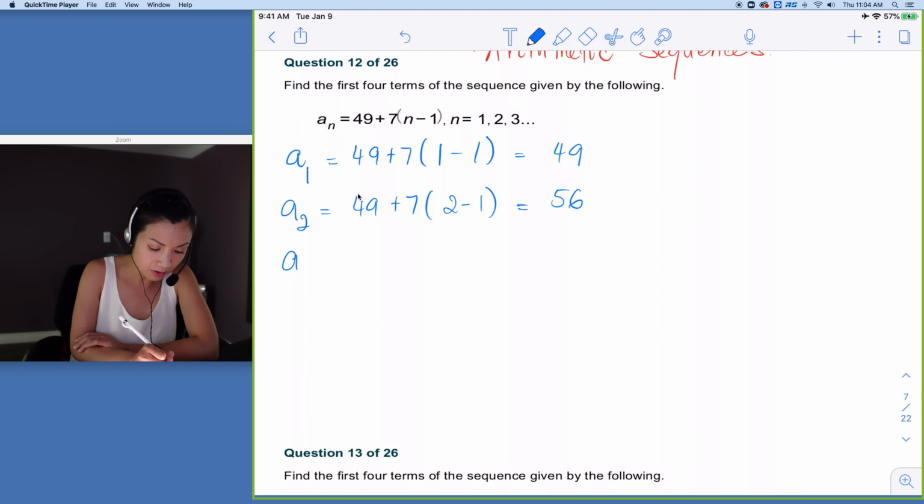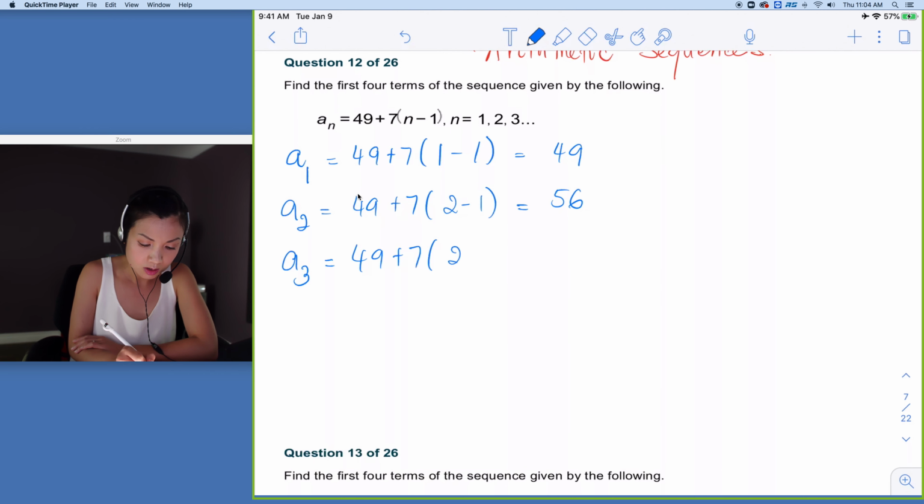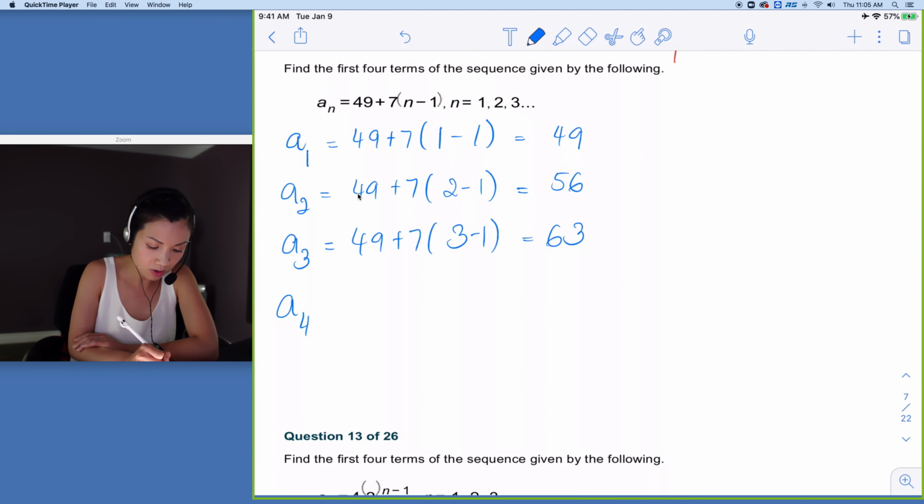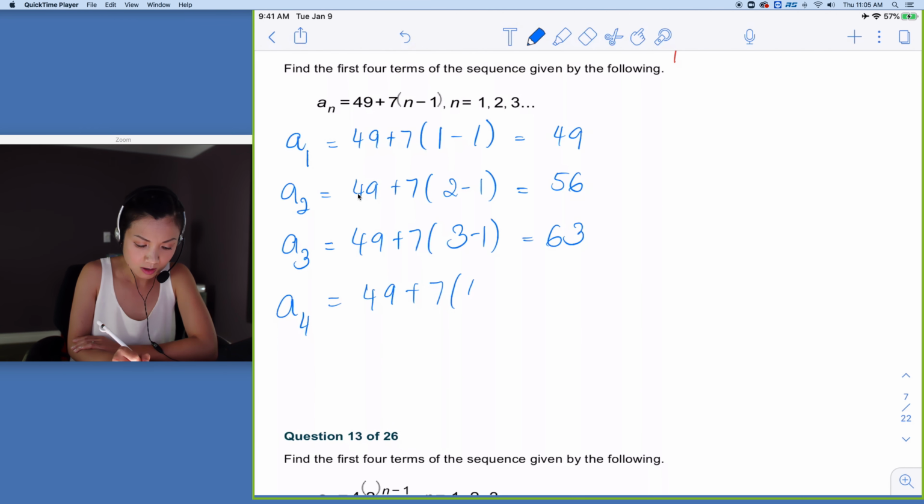And then we have a3 is going to be 49 plus 7(3 minus 1). And so on. So it's going to be 63 here. And then the fourth one is going to be 4 minus 1.